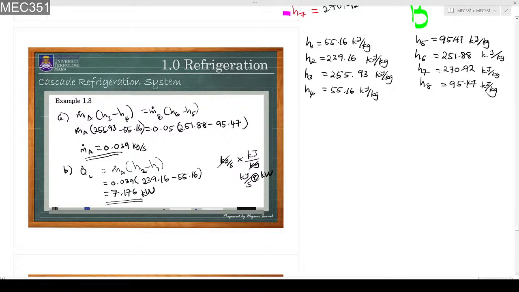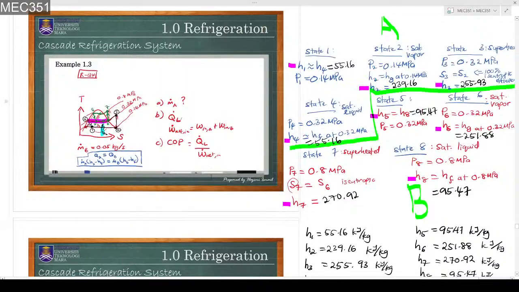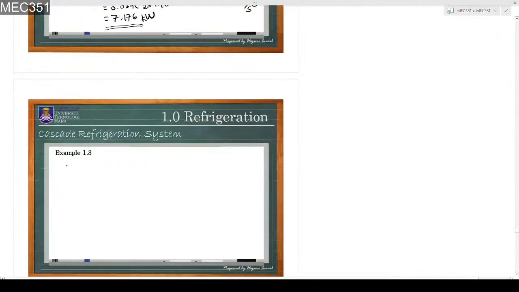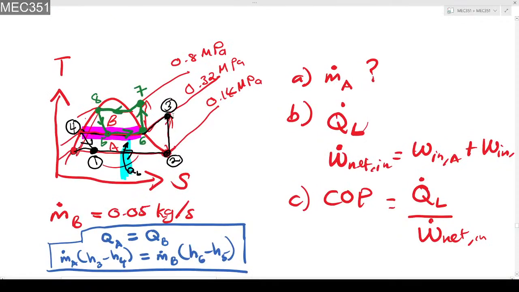Okay, and work net. Work in total lah, sama juga dengan work net in. Awak kena kira dua-dua, work in dekat A plus work in dekat B. Work in dekat A berlaku antara 3 dengan 2 kan. Work in dekat B berlaku dekat 7 dengan 6.